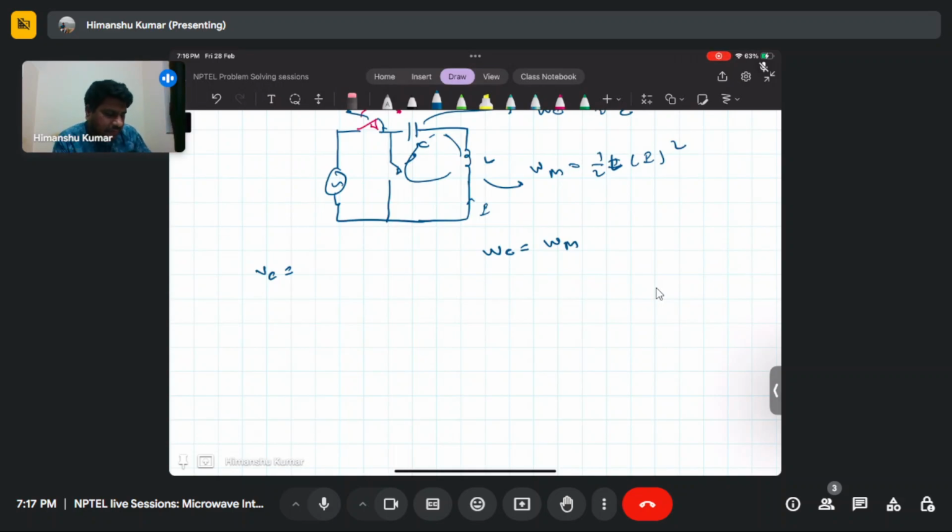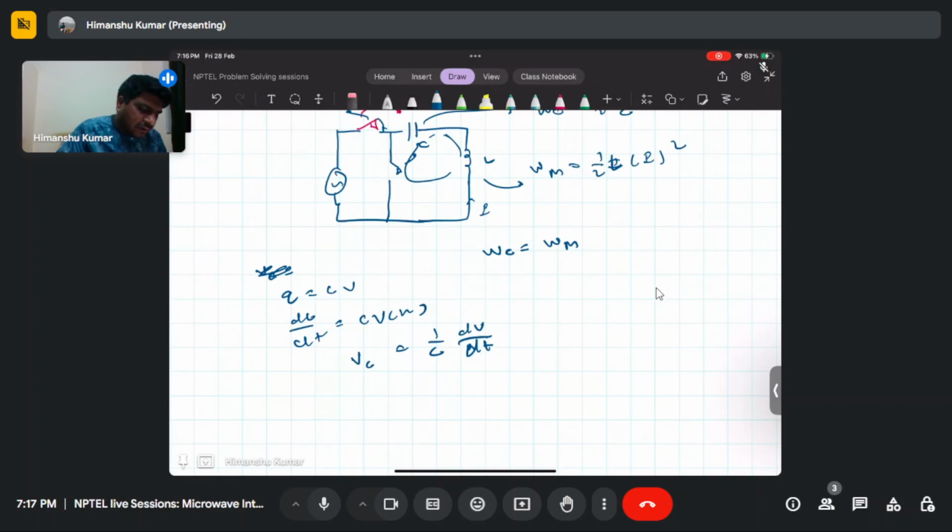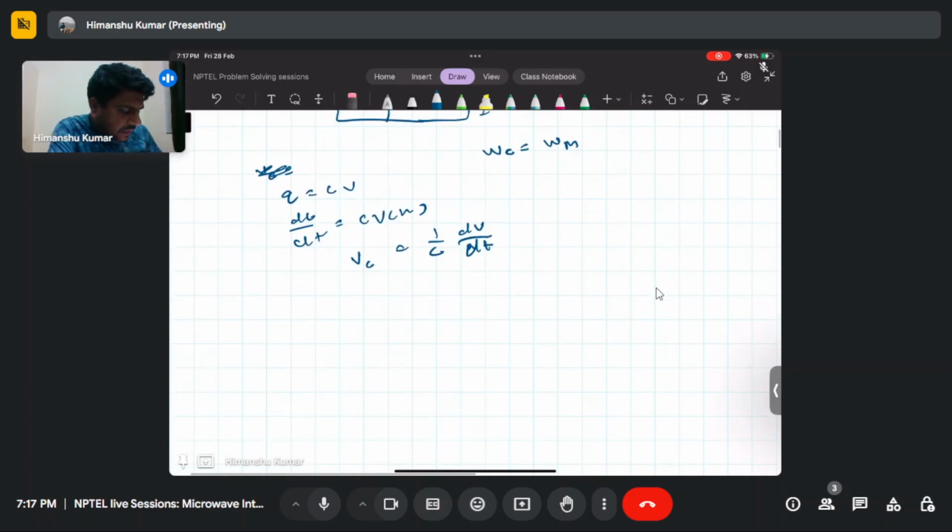You can write Q equals C V. Q you can write as the integral of i dt, equals C V, and the voltage across the capacitor will be V equal to 1 by C times the integral of i dt. If you are considering this oscillation with frequency omega, the voltage will be varying sinusoidally, so you can write it in terms of AC voltage.